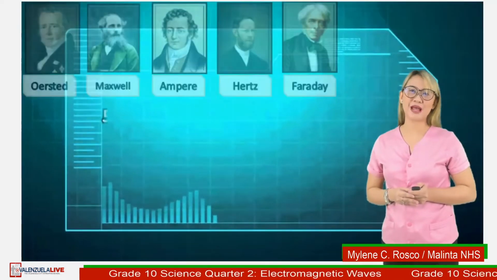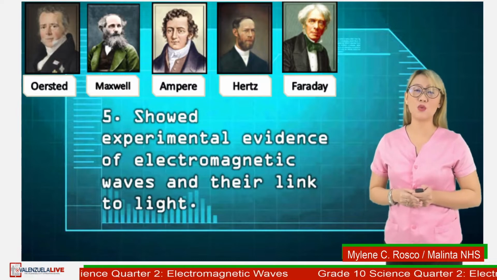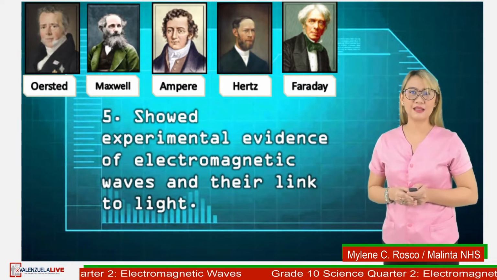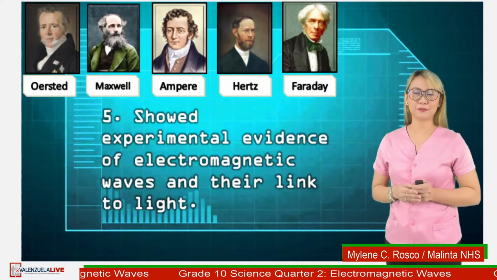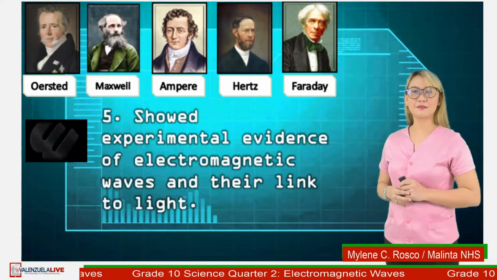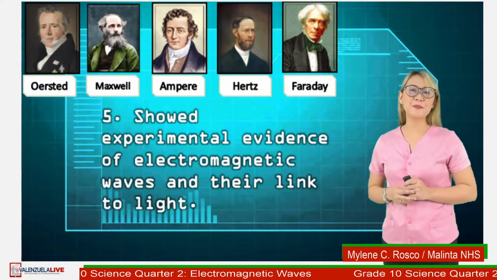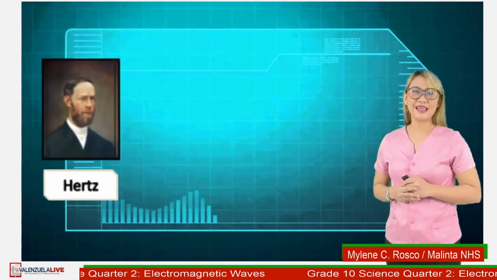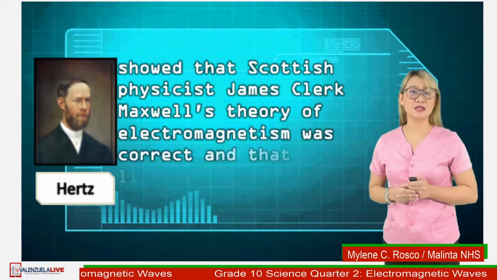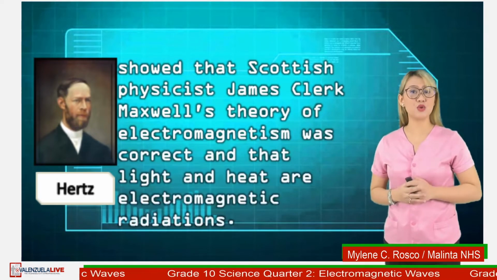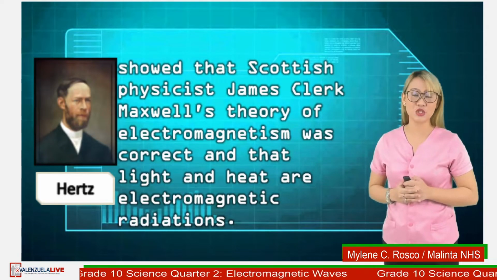Question number 5. He showed experimental evidence of electromagnetic waves and their link to light. Key in your answer. 5 seconds starts now. All right, time is up. The correct answer is Heinrich Hertz. Heinrich Hertz is a German physicist who showed that the theory of electromagnetism was correct and that light and heat are electromagnetic radiations.